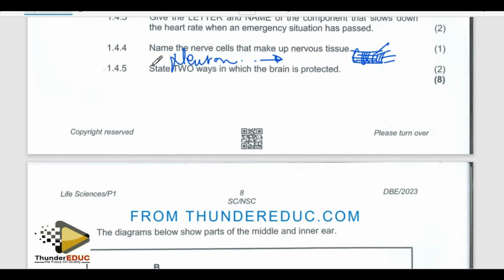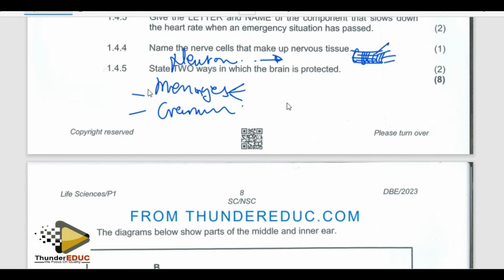Number 2 is the meninges. These are the 3 membranes found around the brain, which you call the pia mater, dura mater, and arachnoid.